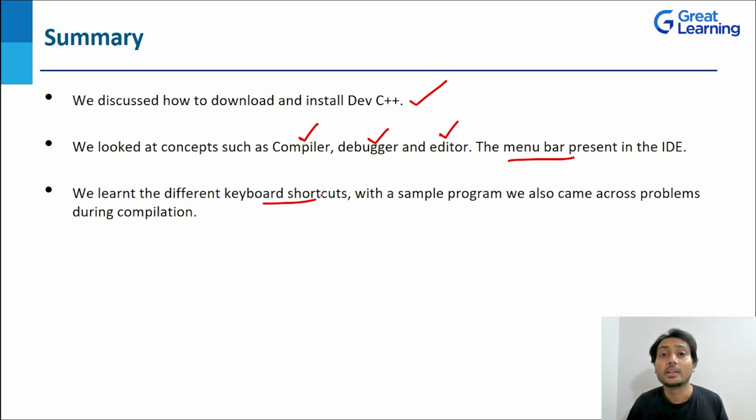The most frequently used shortcuts were for compiling and running your program. Lastly, we came across the problems you might face when compiling your program, how a debugger helps you understand the problems during compilation, and how to go to that particular statement, debug your code and run your program successfully.